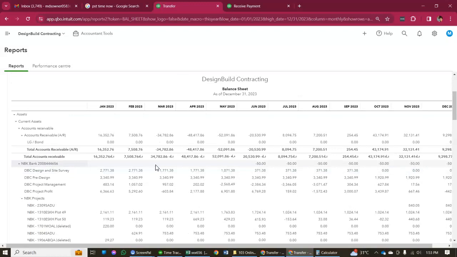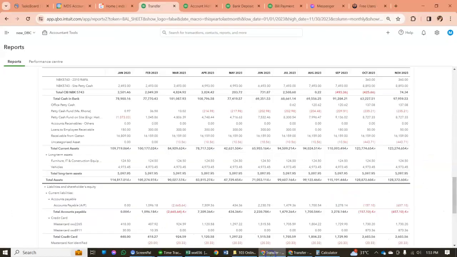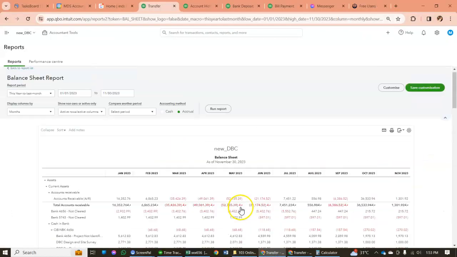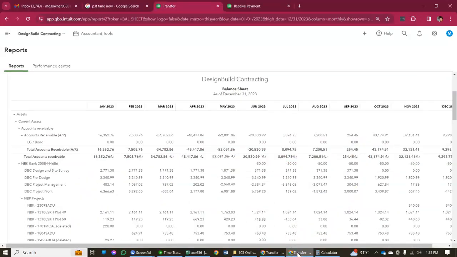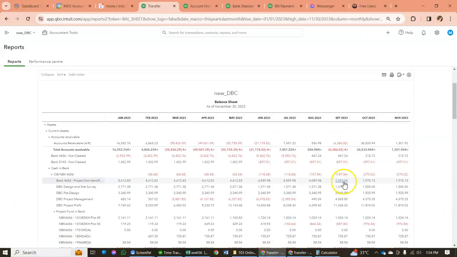So, accounts receivable, October 36. There's a difference. So let's try to check the difference. I thought that it was reconciled.